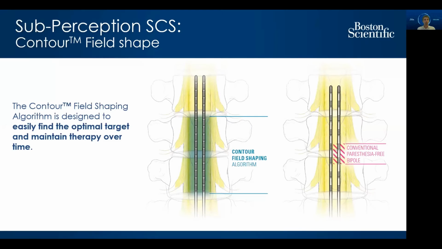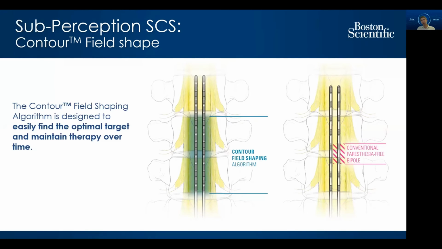The intent of this field design is to basically optimize the targeting in sub-perception and to have a more efficient therapy delivery. Contour is also probably a more robust configuration to maintain the therapy on the long term in front of potential minor lead migration, for example.